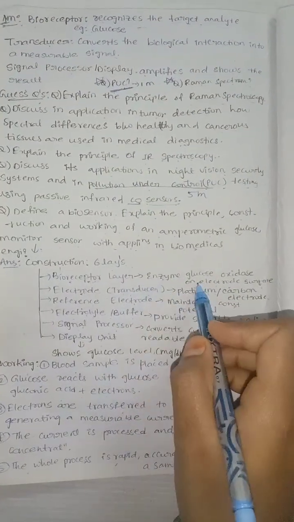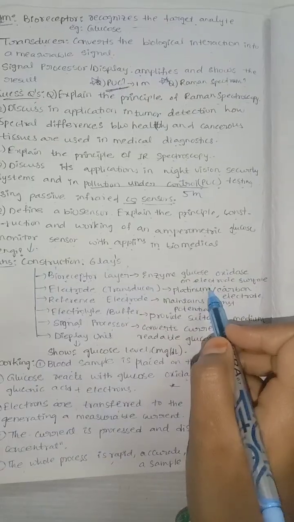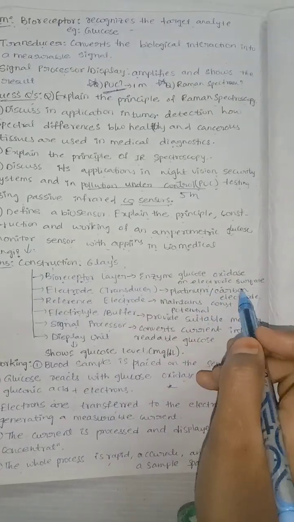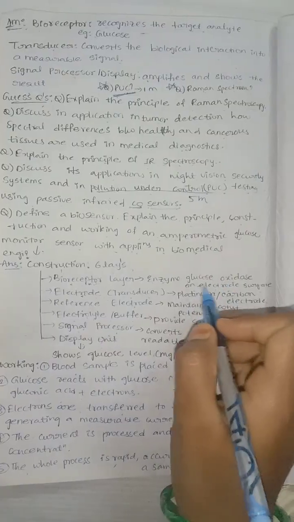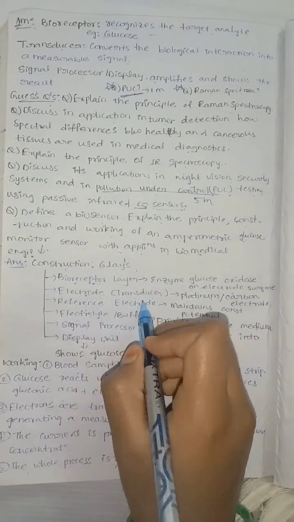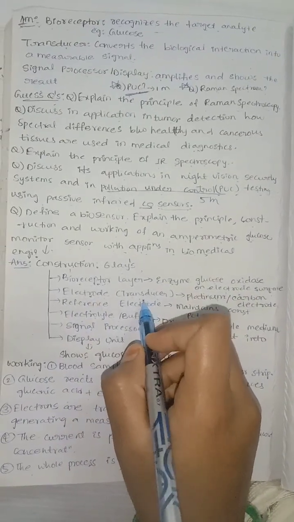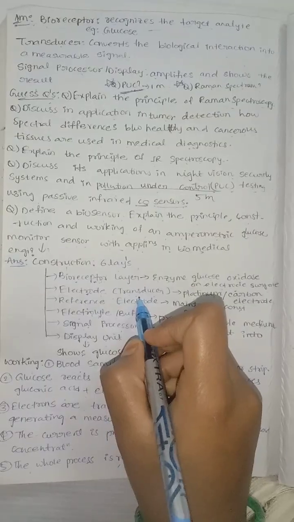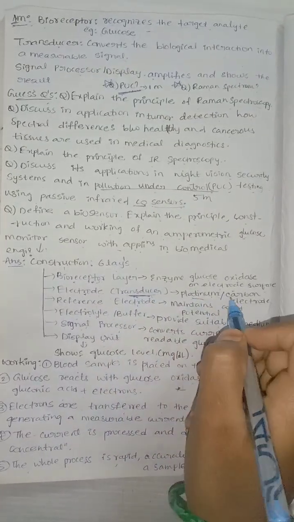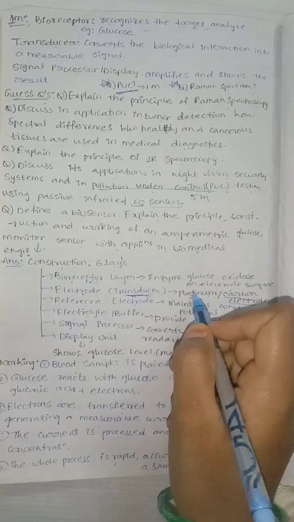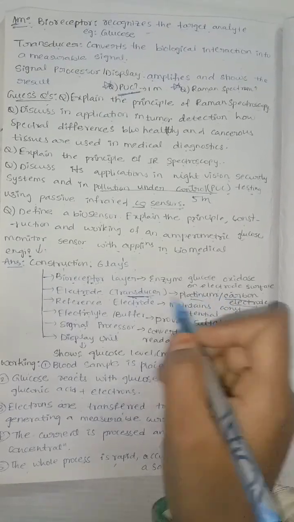First layer, the enzyme glucose oxidase on the electrode surface. The electrode is a transducer, the process of converting into a measurable signal. For transducers we use a platinum or a carbon electrode, any one of them.